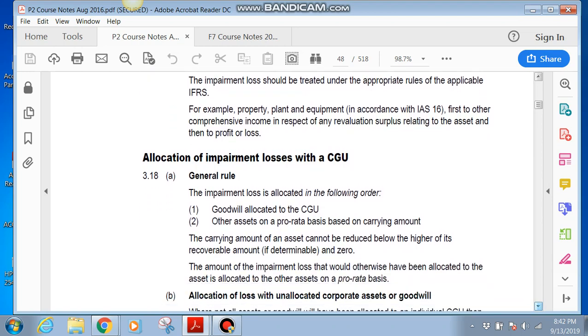The general rule for allocating impairment in a CGU is to first allocate impairment towards goodwill, which is in the CGU.